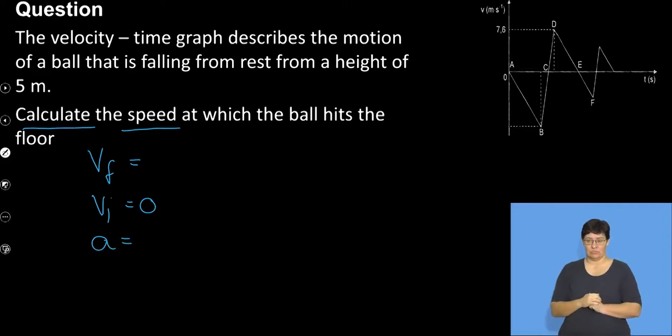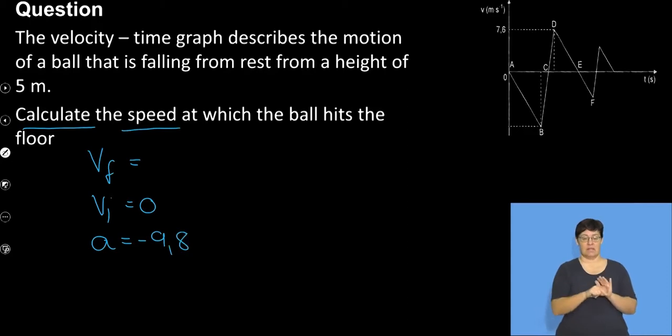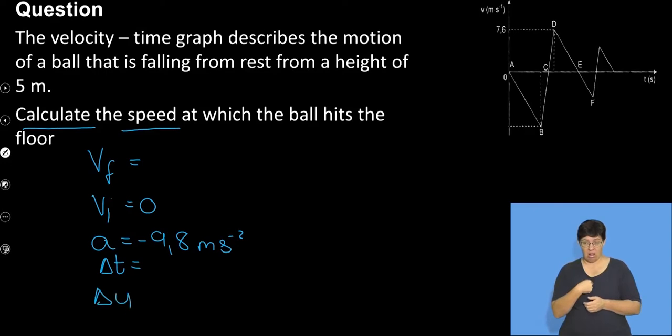We know acceleration. Now, we've chosen down as negative. In fact, we didn't choose it. We didn't have a choice. Okay, they told us that. So this is minus 9.8 meters per second squared. And we don't know time, but what I do know is delta y.